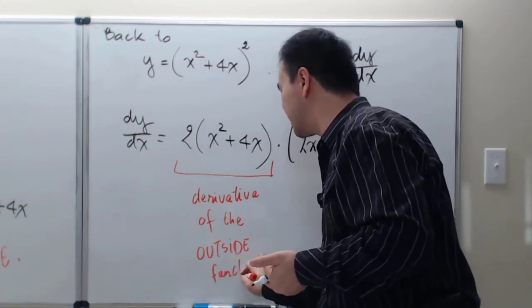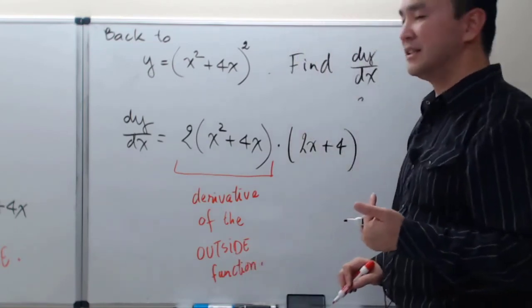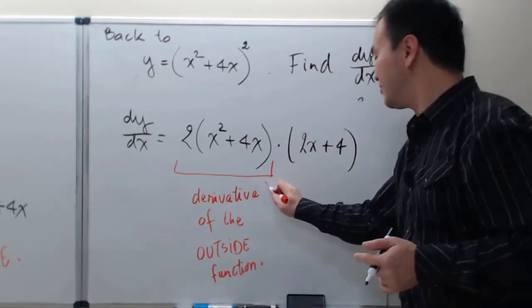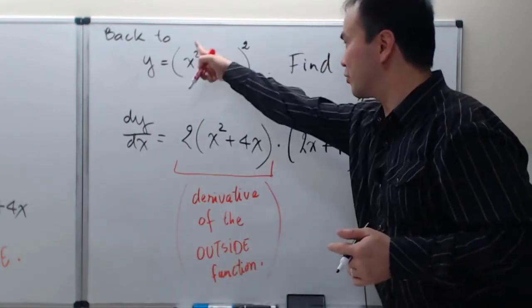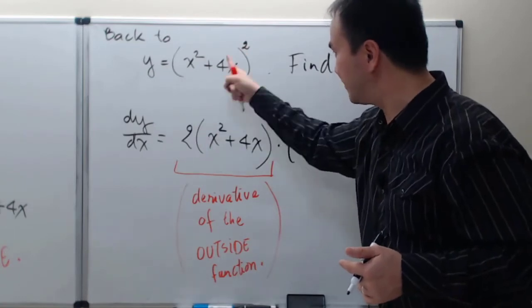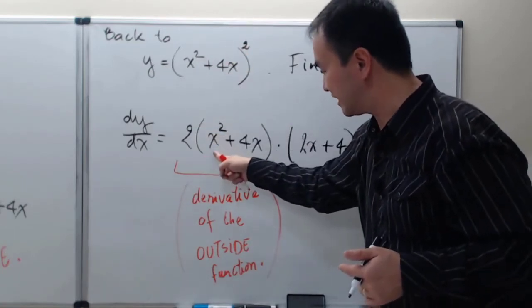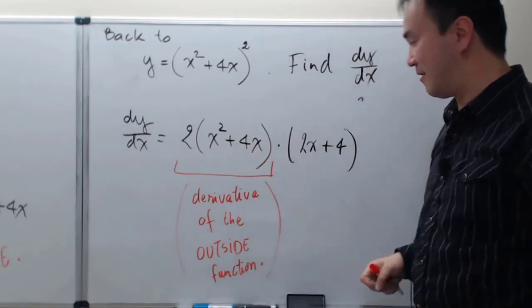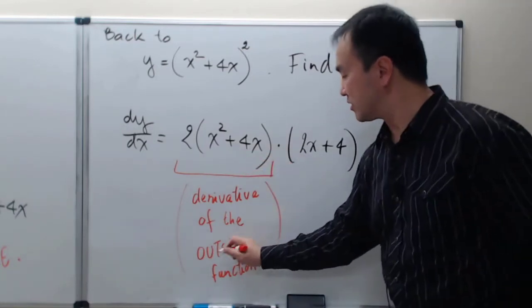That's a different way of understanding it. If somebody is not comfortable seeing it as dy du, then we can see it as the derivative of the outside function, which is the squaring function. So we take the derivative of just the squaring function, keeping all that expression inside the same for now. So that's the derivative of the outside function.